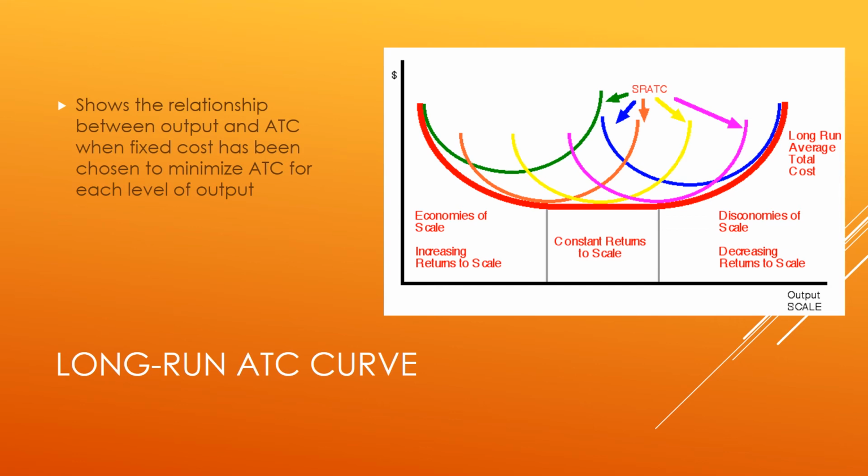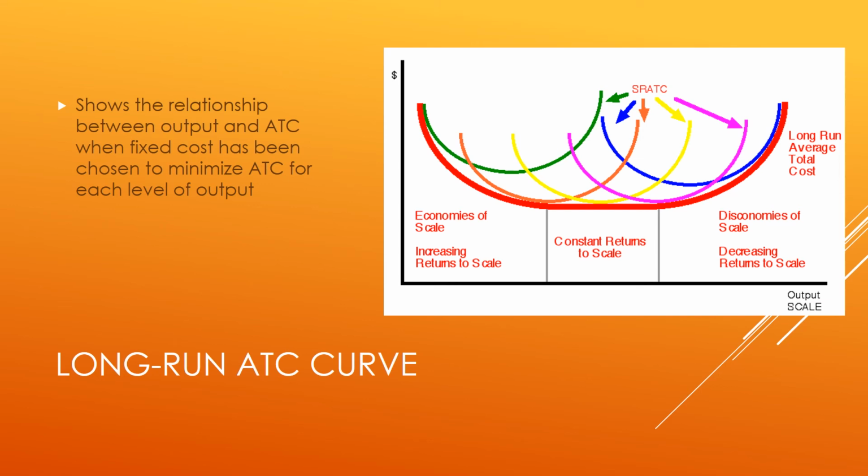What's happening here is, remember, the company gets to choose what combination of fixed costs and variable costs they want to have. So essentially they're choosing which SRATC curve to operate on. This one is an example with 5 short run average total cost curves.